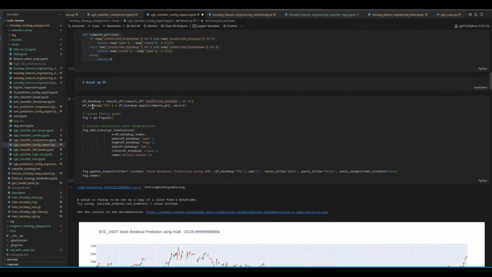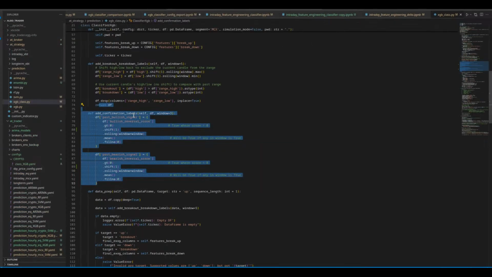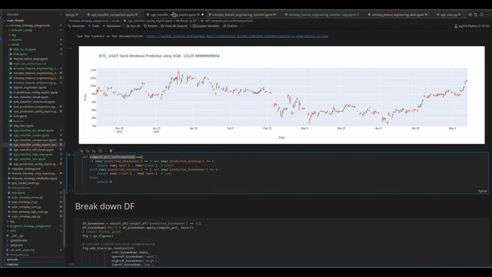Okay, so it's my compute PNL. I would call it confirmation. What is it returning? Confirmation, right? So let's take down confirmation. This is the confirmation for upside.